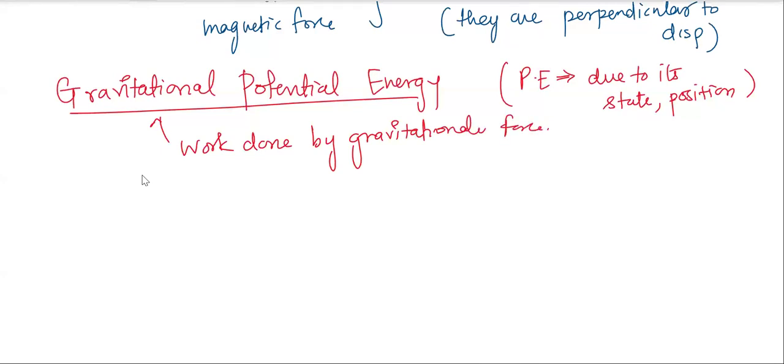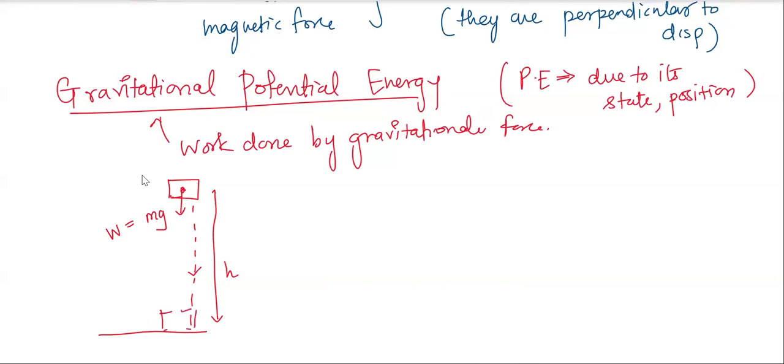Now you can see that if there is an object, let's say it is at this place at rest, and it is at a height h. So here the force is mg, that is the weight. Now this force is responsible for this block to fall through this distance and reach its final place, that is the ground.